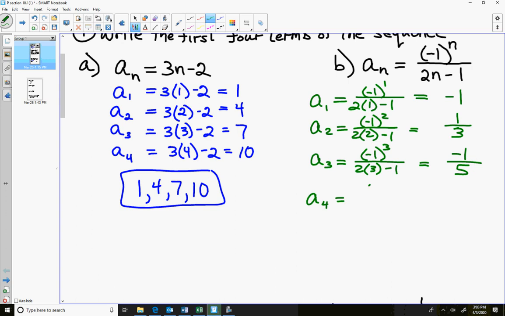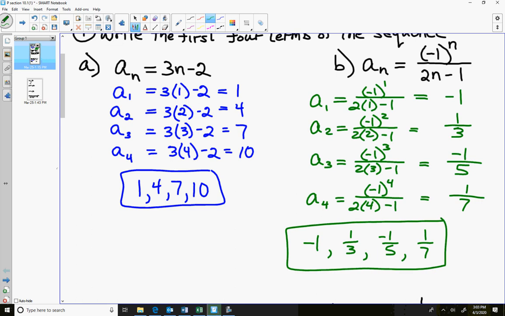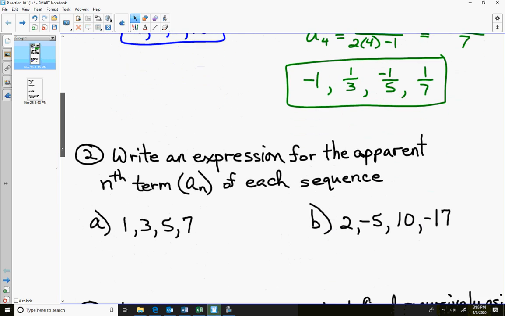And now the fourth term. So our first four terms of this sequence are negative 1, positive 1/3, negative 1/5, positive 1/7. They just simply give you a formula, follow the formula.